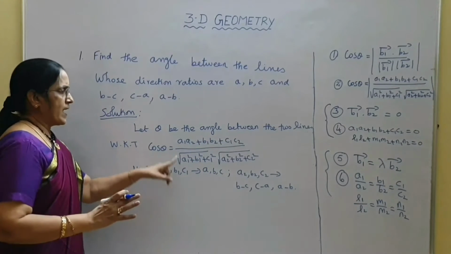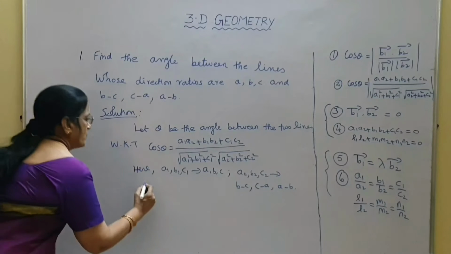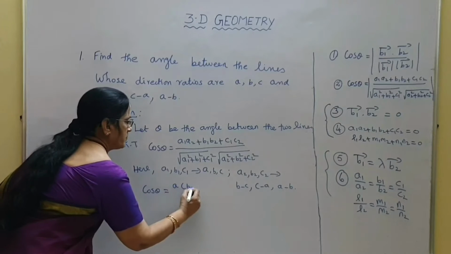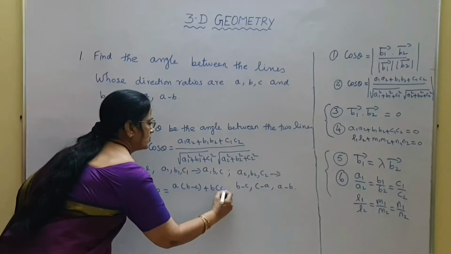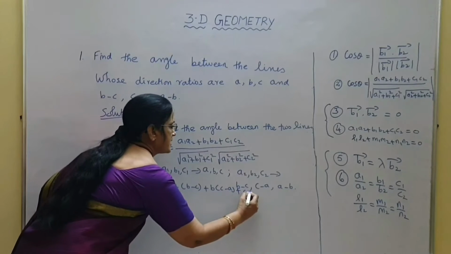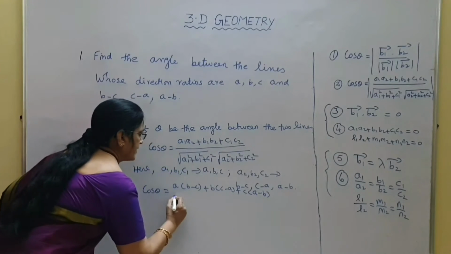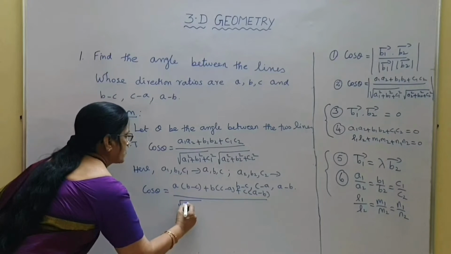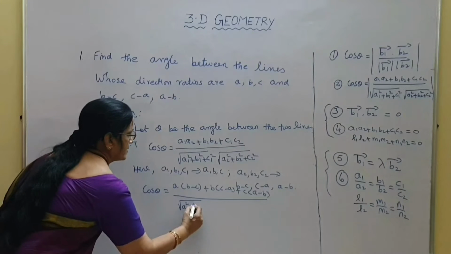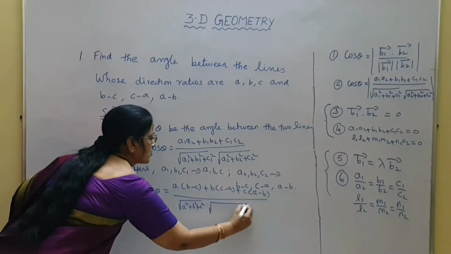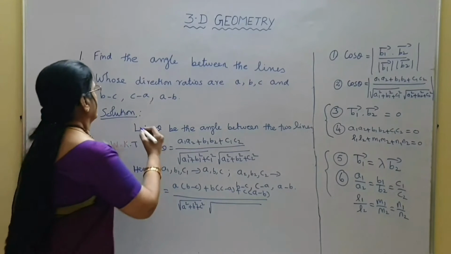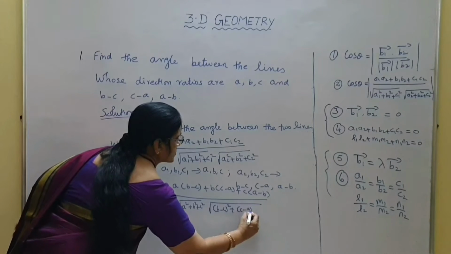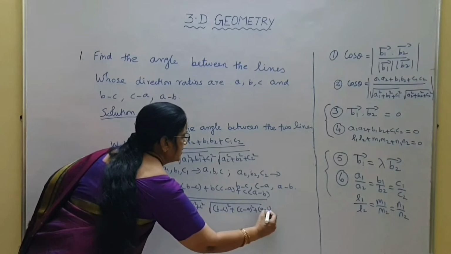So let us substitute these values here and get what is cos theta. Cos theta is equal to a into b minus c plus b into c minus a plus c into a minus b divided by square root of a square plus b square plus c square into square root of b minus c the whole square plus c minus a the whole square plus a minus b the whole square.